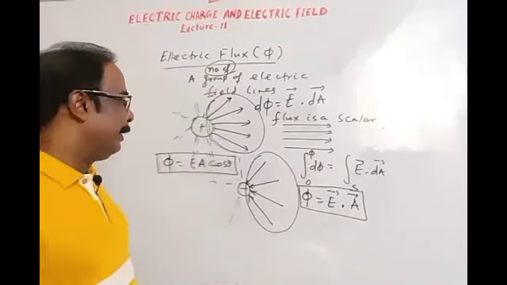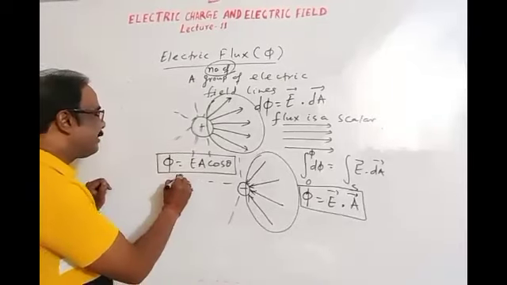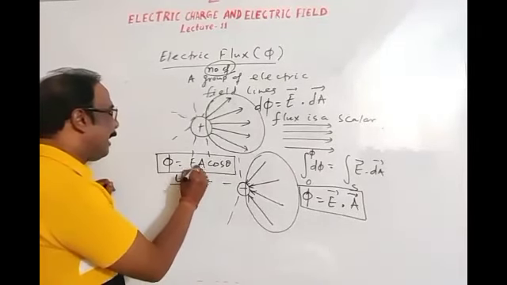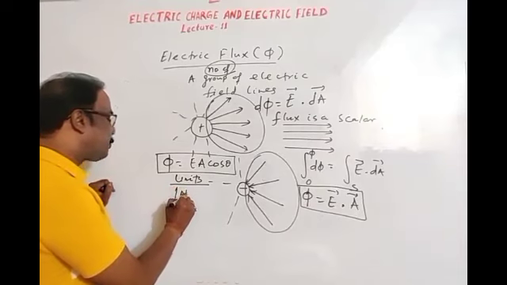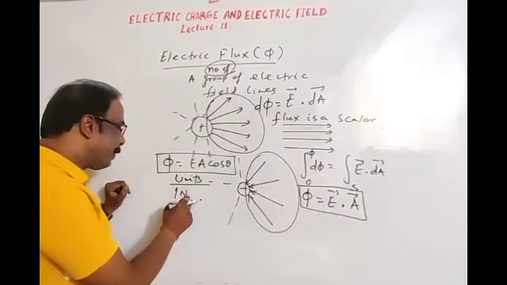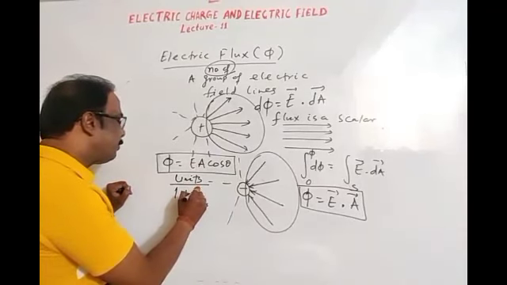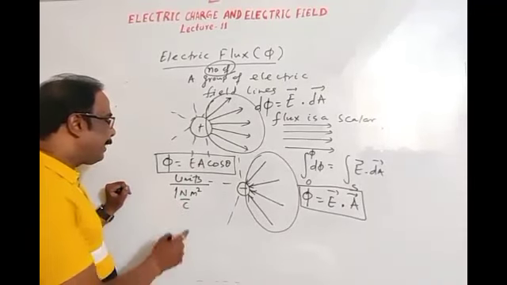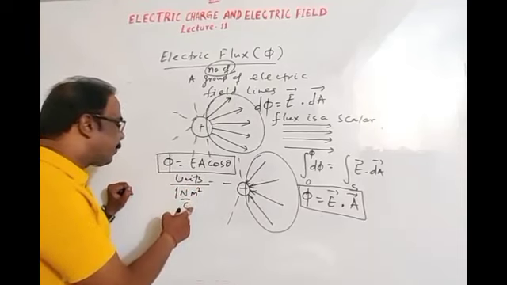Then we will go to the unit system of electric flux. As we know, electric field is force per unit positive charge or test charge, Newton per coulomb, and area is meter square. So, the unit of electric flux is Newton meter square per coulomb.